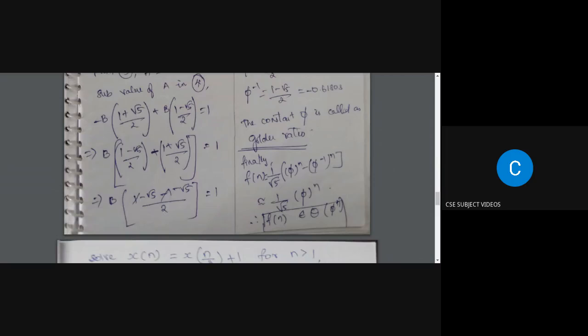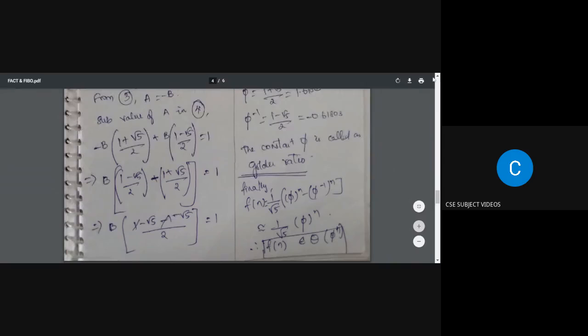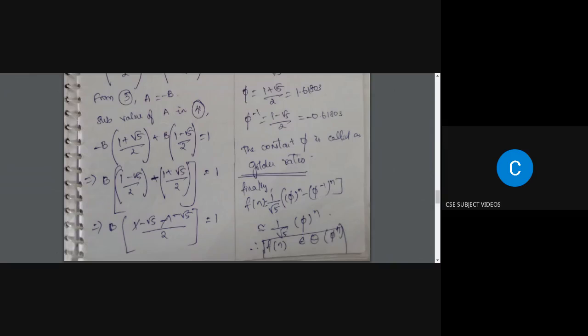So by neglecting the constants and coefficients, we'll be getting phi to the power n finally. Okay, is it clear? So now with this, we can conclude that the time complexity required to generate the nth Fibonacci number is order of n or theta of n. Okay, is it clear? So we can go with the next question.